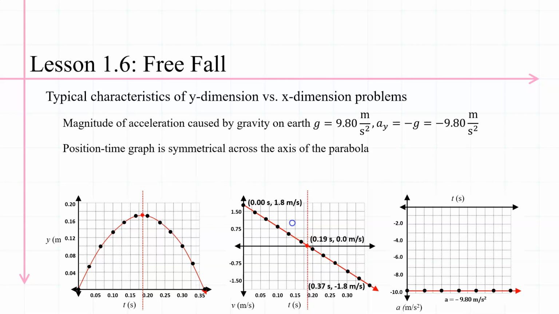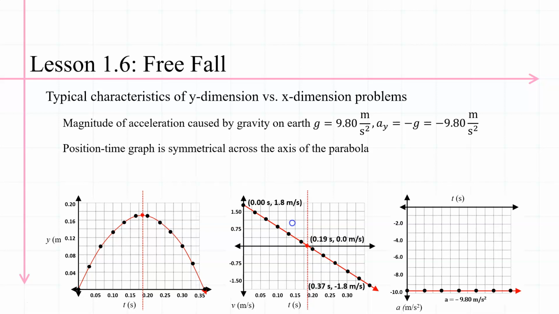So if an object is launched into the air from a reference point and then falls back to the same reference point a certain time later, it's going to have reached its maximum halfway in between the launch time and the land time. And also, it's going to land with the opposite speed as it started with going upward into the air.